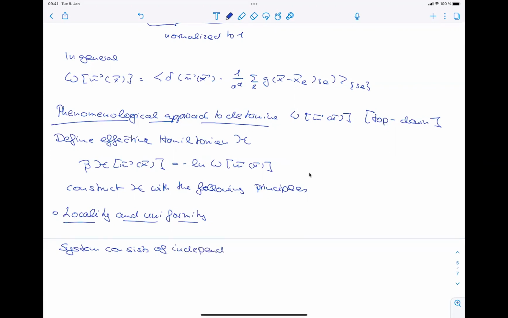And they consist of independent parts such that the overall probability is a product of the individual independent contributions.